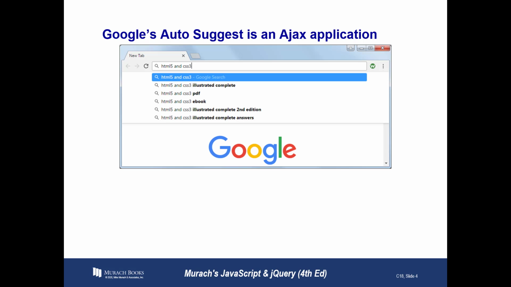So first thing they talk about in here, you can see Google's auto-suggest is an AJAX application. Now, I'm going to give you my take on this stuff, which won't always be the same as what's in the book. First let's talk about AJAX. AJAX is an acronym, sort of.